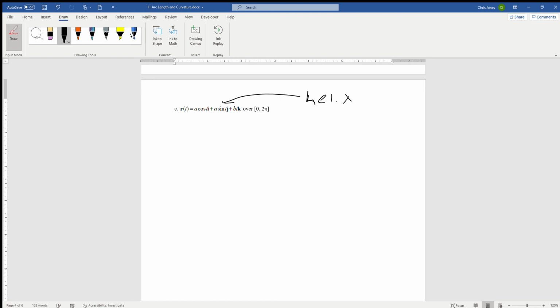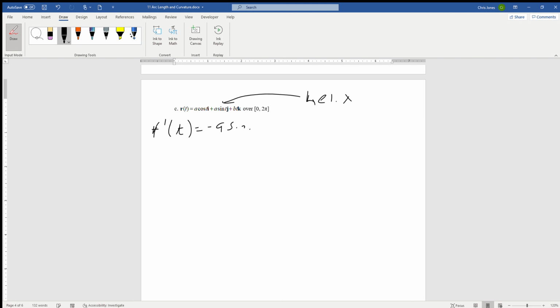And then a and b are just real numbers. So when we compute this, we're not going to get an exact number, but we are going to get a formula to be able to find the arc length of this helix with a and b as the real numbers.